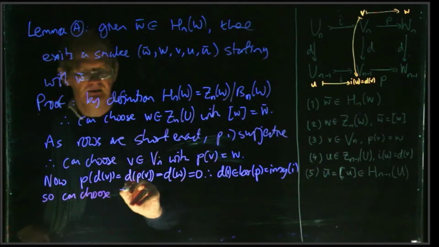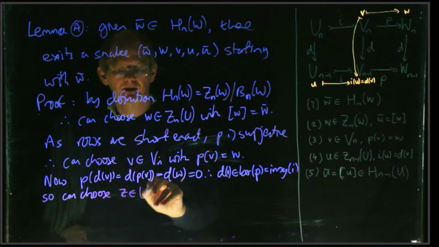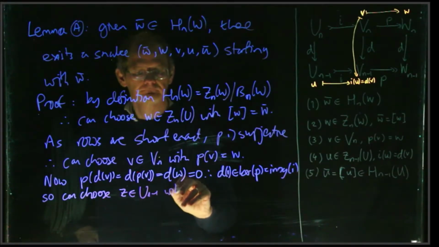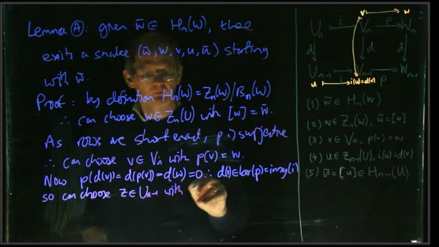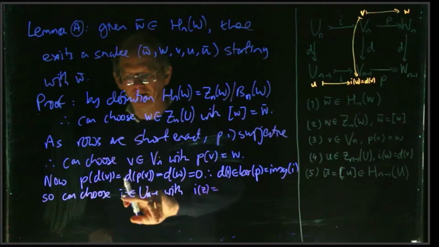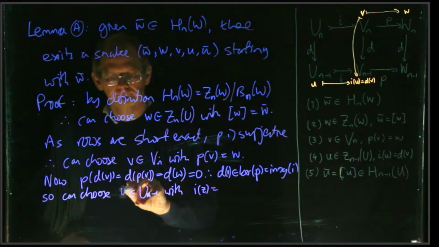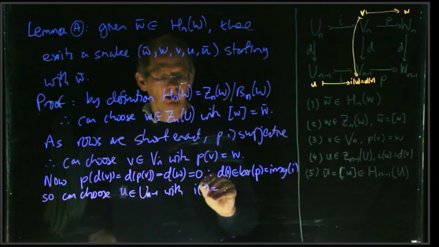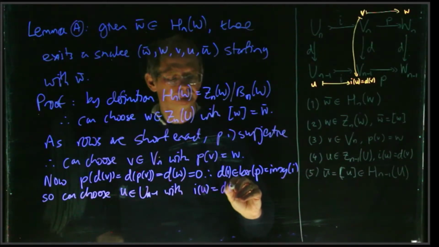So I can choose some u in U n minus 1 with i of u equal to d of v.